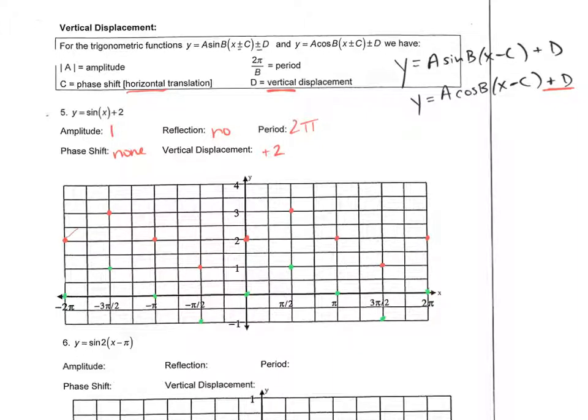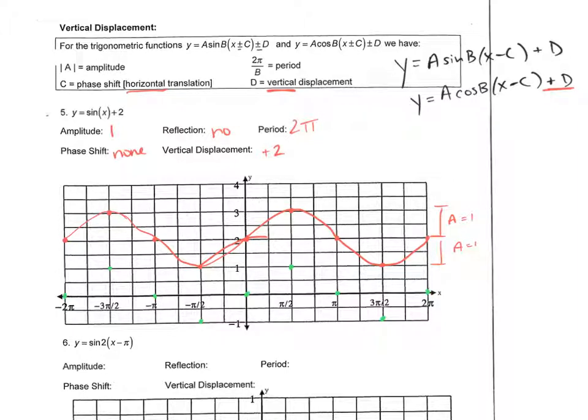So I have enough of my key points that I can sketch. And I know it's not pretty on the iPad, but you can still see that my amplitude is 1, from where that 0 line has moved to.